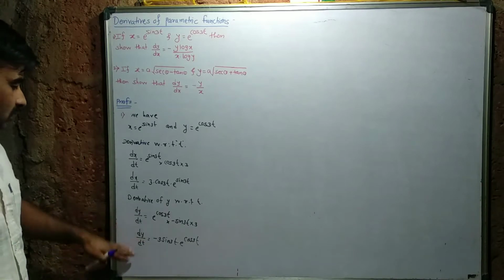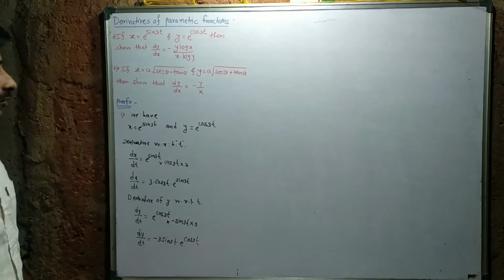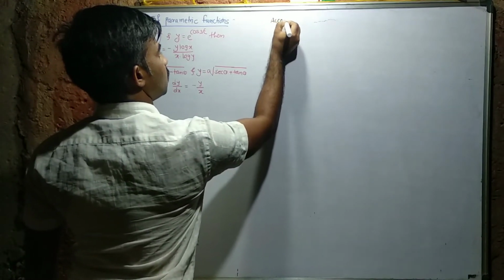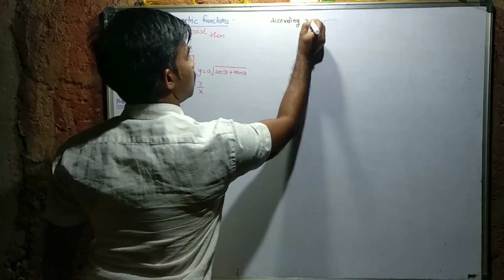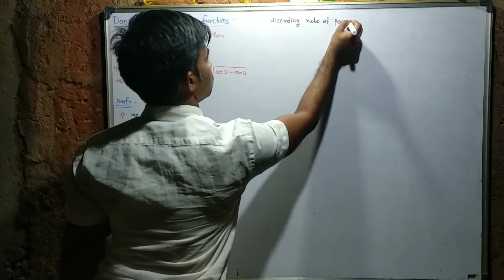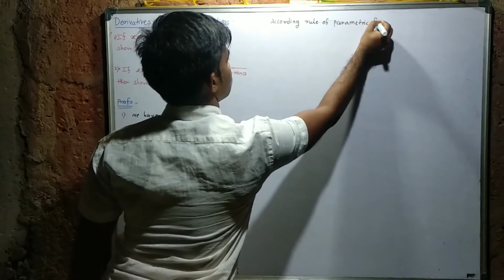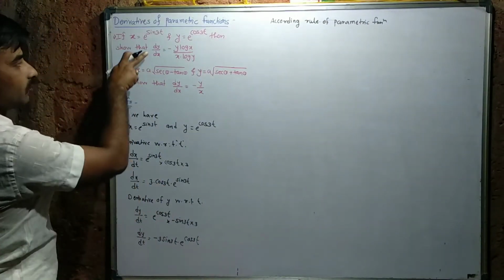Now for dy by dx, dy by dt and dx by dt, according to the rule of parametric functions. What is the rule of parametric functions? We want to find the derivative dy by dx.